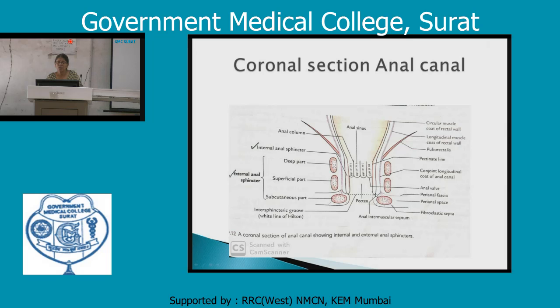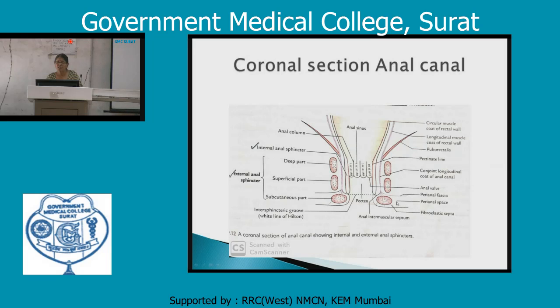Here the longitudinal coat divides into fibroelastic septa. One of the septa goes laterally and is attached to the obturator fascia to form the pudendal canal, and this is the perianal fascia, one of the bands of the fibroelastic septa. This is the perianal fascia, and this is the perianal space.